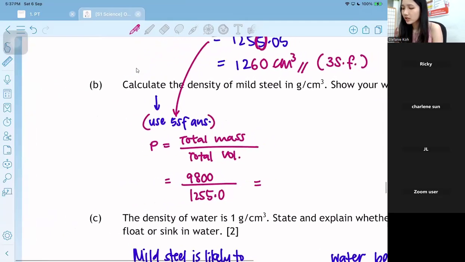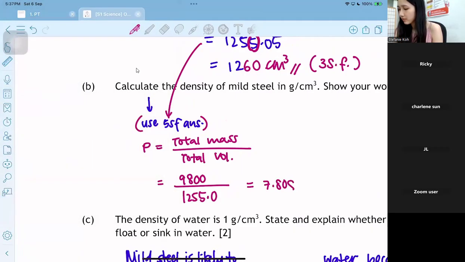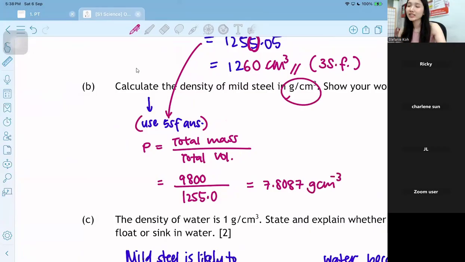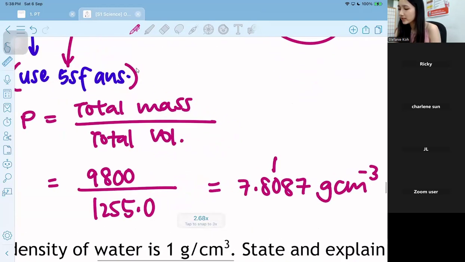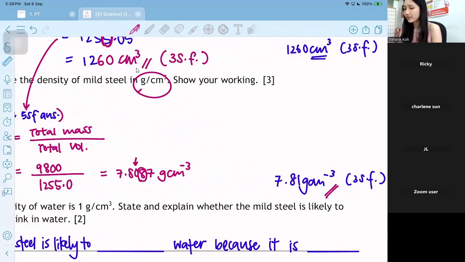Then just key into your calculator. 7.807. What's the units? It's given here, grams per cm cube. But that's 5SF. Final answer, round to 3SF. Look at the third significant figure and the one next to it, more than 5, 7.81, 3SF.